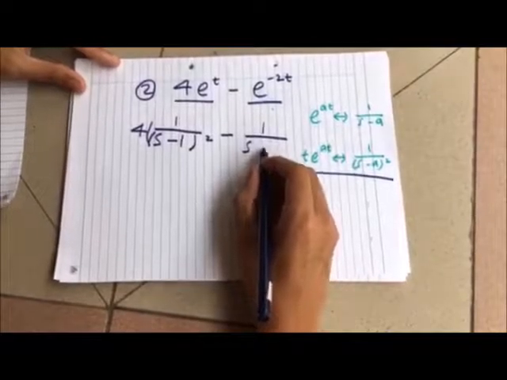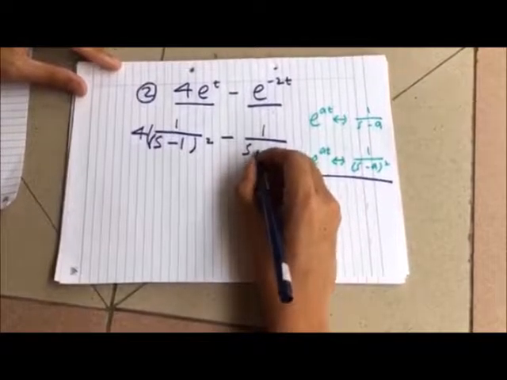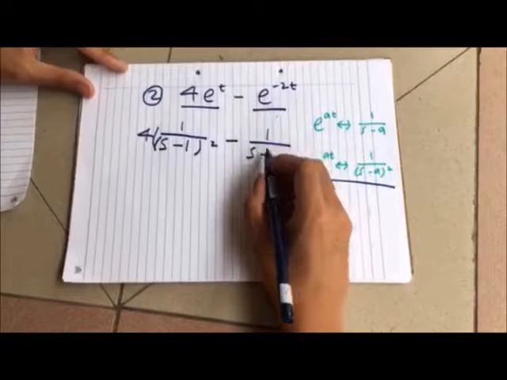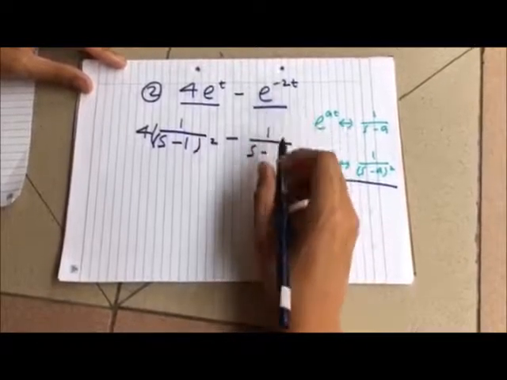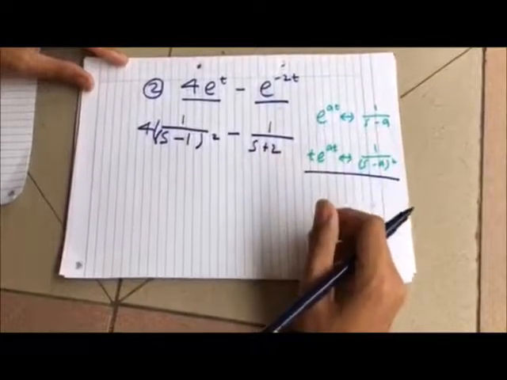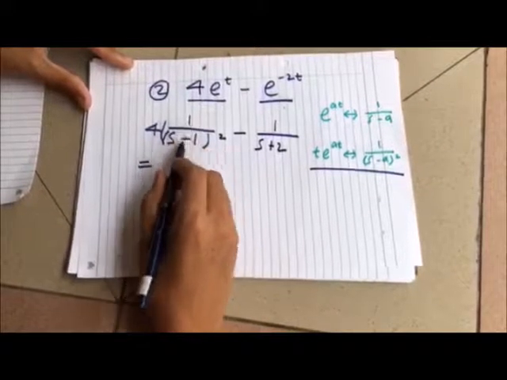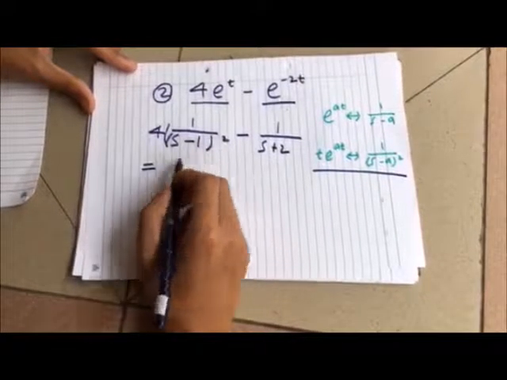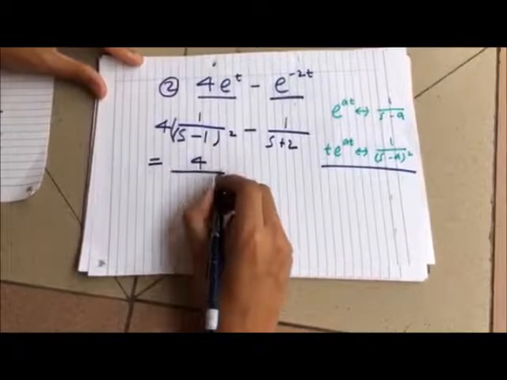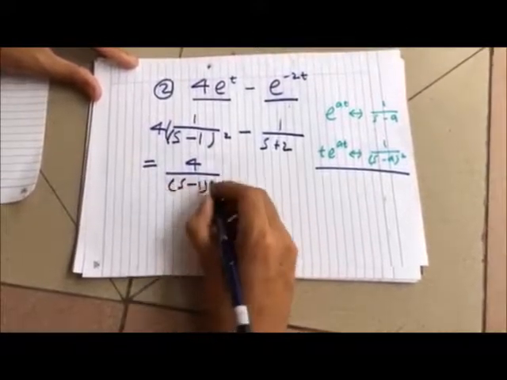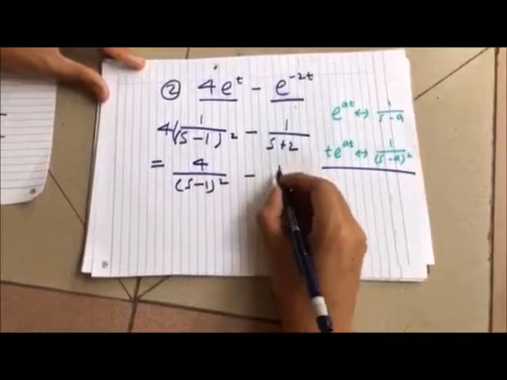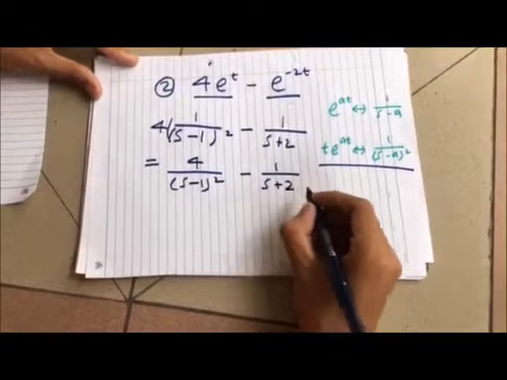So it will be s minus negative 2, which will give us s plus 2. And 4 times 1 over s minus 1 whole squared gives us 4 over s minus 1 the whole thing squared. And there is our answer.